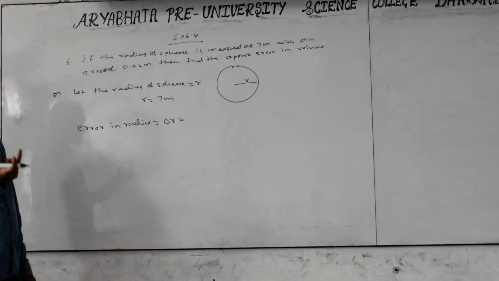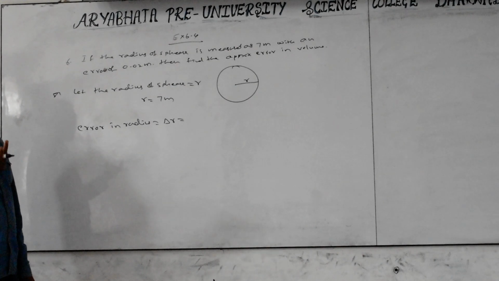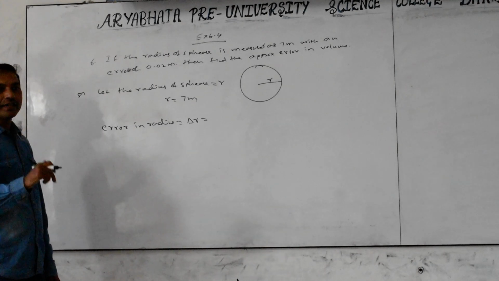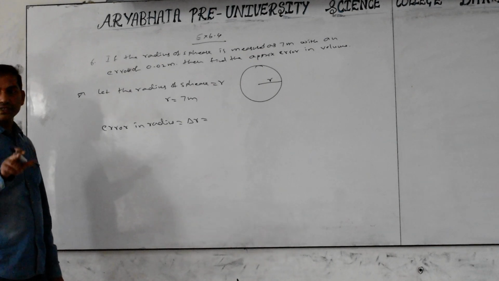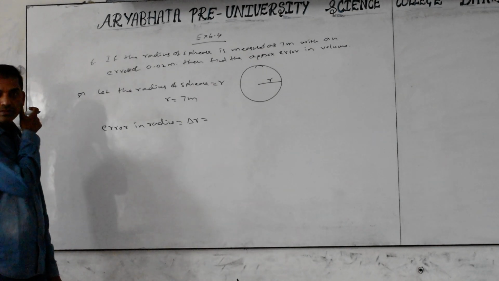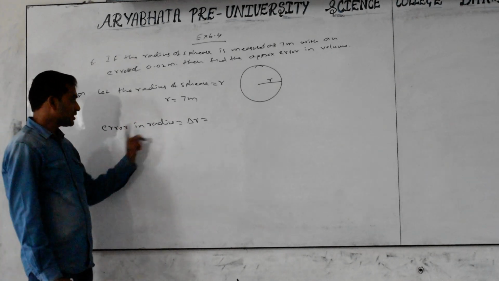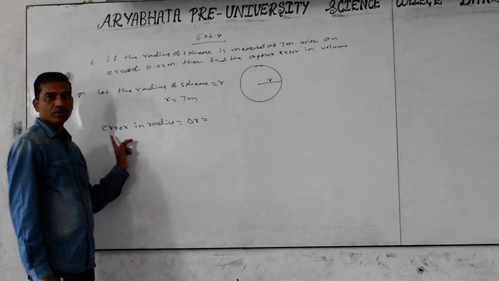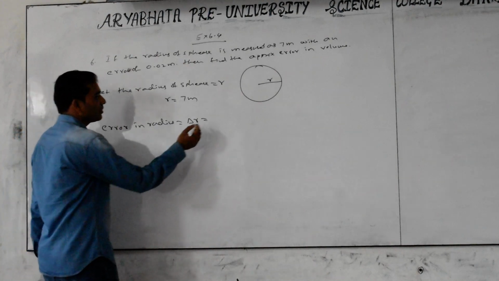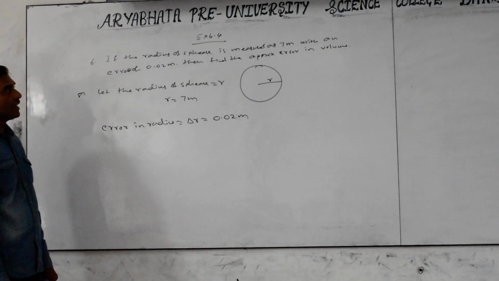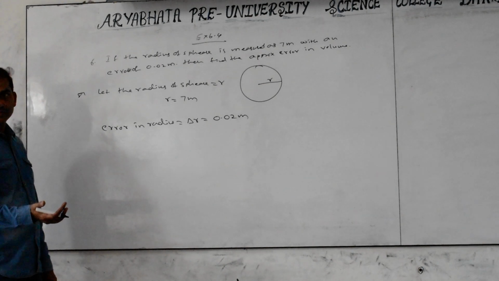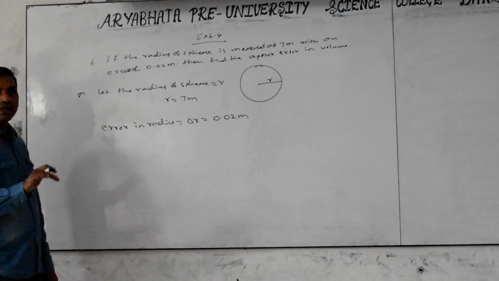Change in volume is delta v, change in y is denoted by delta y, change in x is denoted by delta x, error in side is denoted by delta x, where x is the side of any cube. Are you following? Error in radius and change in radius are both the same. So error in radius delta r equal to 0.02 meters. Find the approximate error in its volume. The error in volume is denoted by delta v.